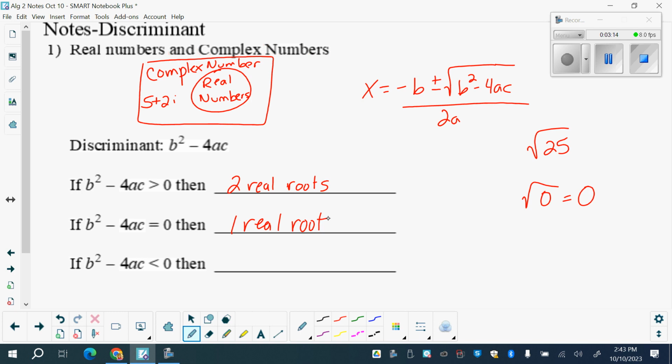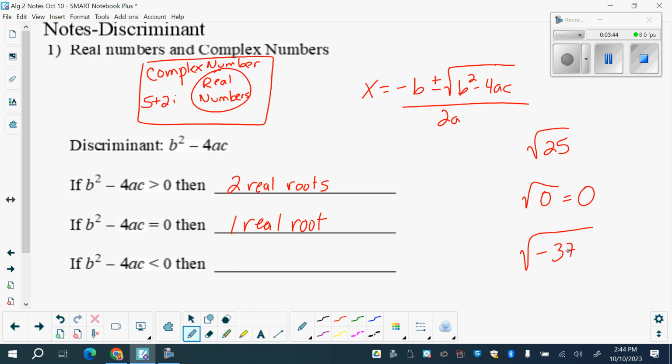And then the third scenario would be if b squared minus 4ac is less than 0. So that means that it's negative. Okay, so if what's inside that square root is negative, what happens? Yeah, that's right. That part of it is going to be imaginary, so it's going to be complex. So square root of negative 37, for example.